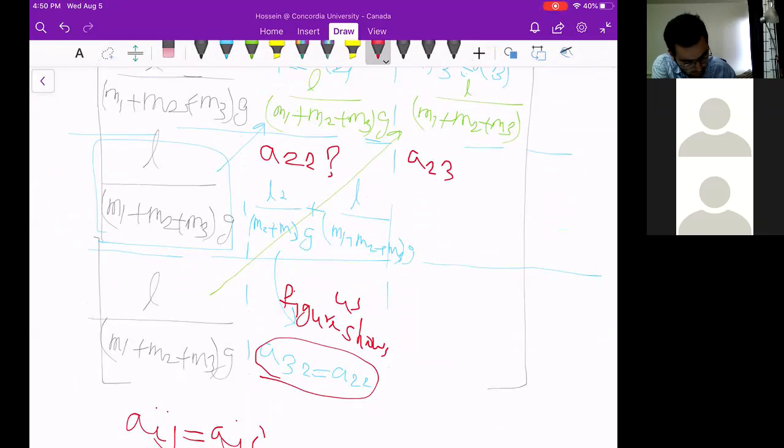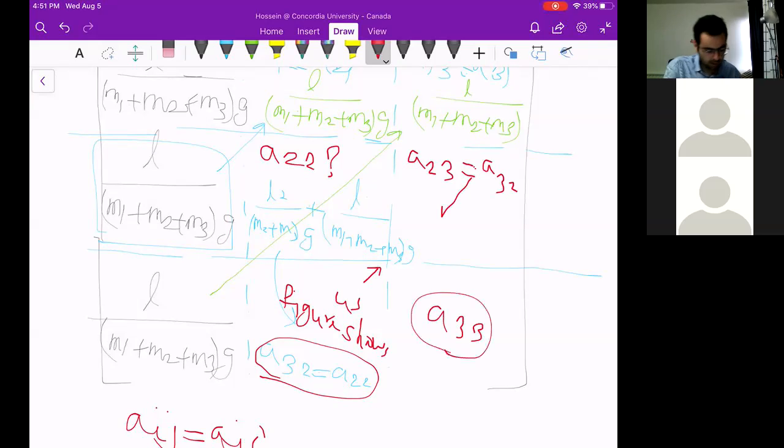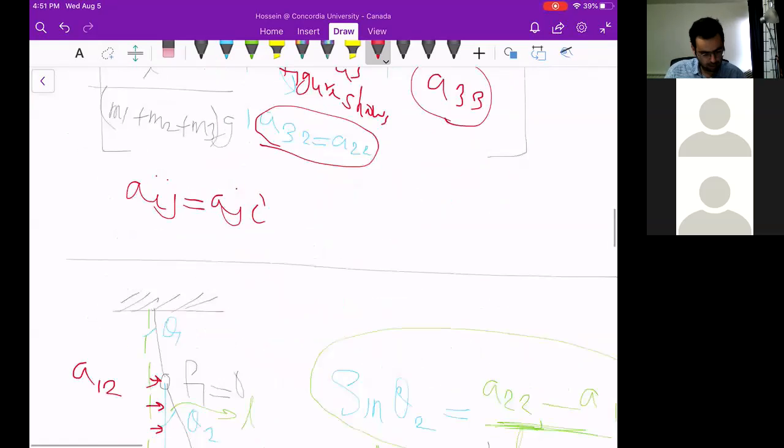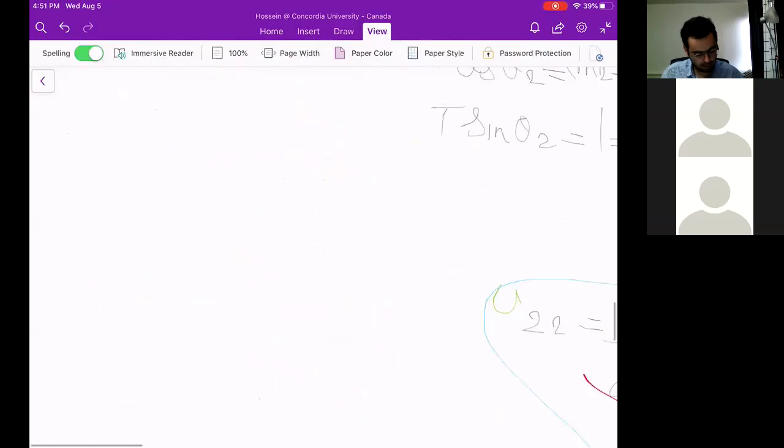According to the reciprocity theorem, it is equal to A32. A32 we already obtained, just plug in here. And the last entry is A33, which is very important. Similarly, by a similar approach, we could find it.